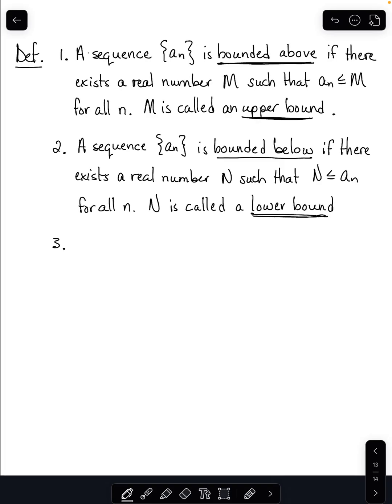Lastly, if all of the terms of the sequence are bounded above and bounded below, then we simply call the sequence bounded.